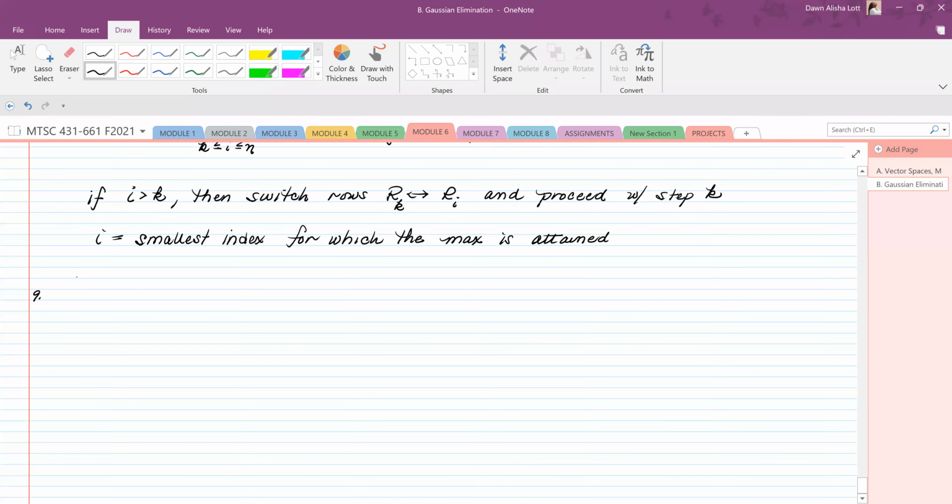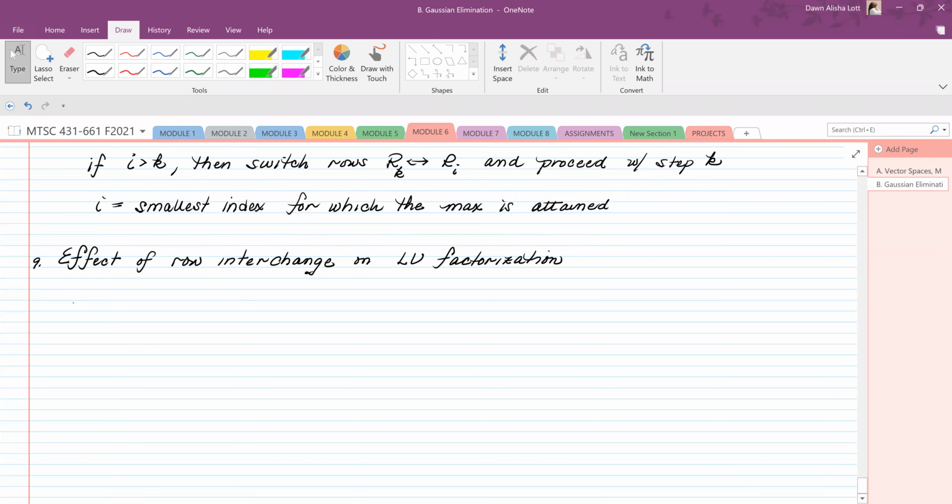Okay, so the effect of row interchange on the LU factorization. Okay, so pivoting changes A is equal to LU.